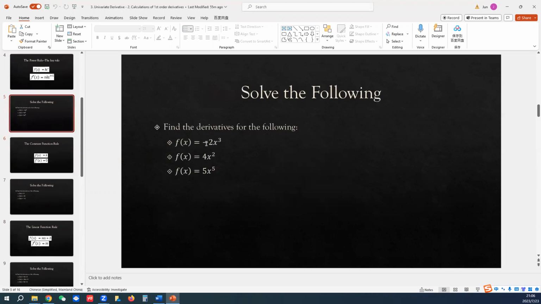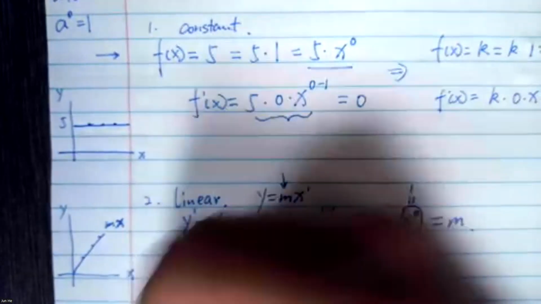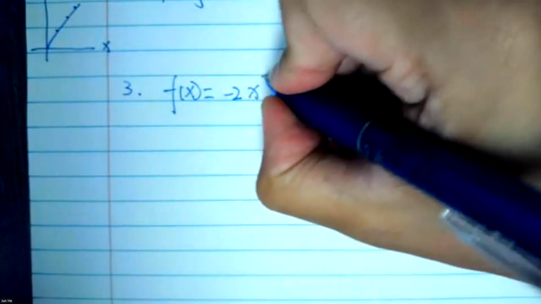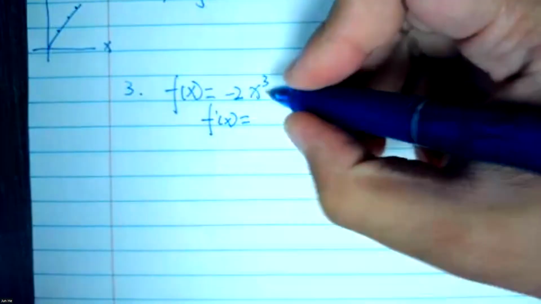Now, let's look at this. Just take one example. Let's do one application. So f(x) equals minus 2 x to the power of 3, f prime x equals... Now we just apply this.